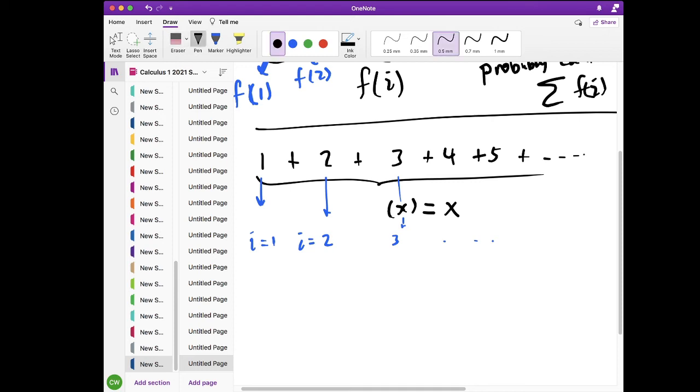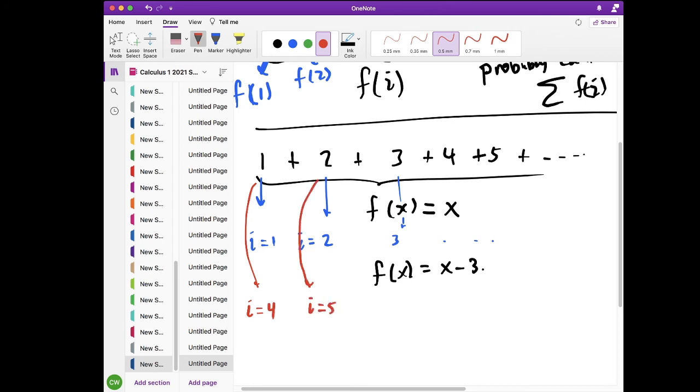Yeah. What if it was f of x equals x minus 3? Then you would start at I equals 4. So it's really a combination of the index and the function. These can describe the same things, which if you write them in the sum form, you may not see right away.